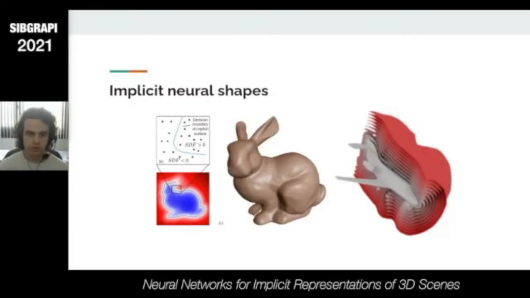An implicit neural shape represents a scene using implicit surfaces, which are functions from R3, the Euclidean 3D space, to R, a scalar. Typically this is either an indicator function or a distance field, and the surface is defined by a level set of this function. And as the name implies, we represent this function using some sort of neural network that we train to match the observations that we have.